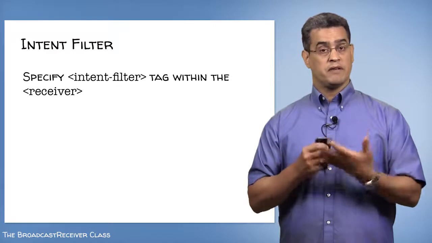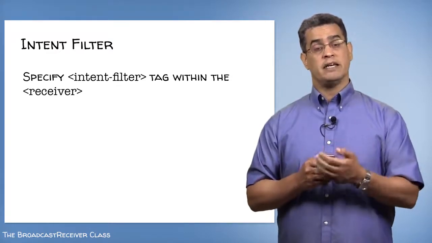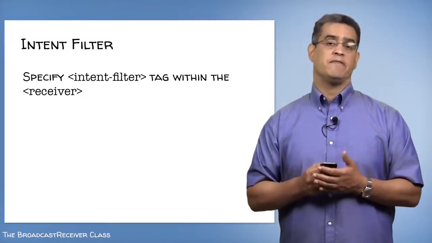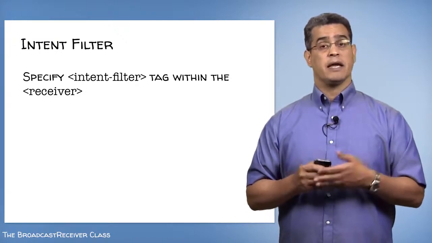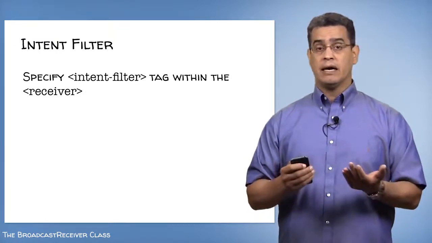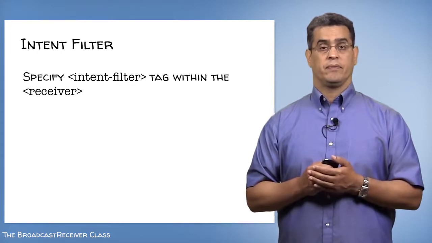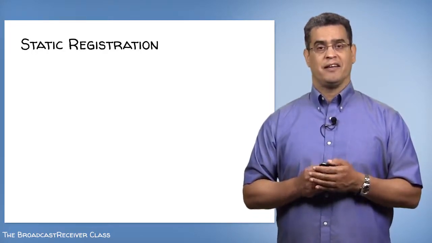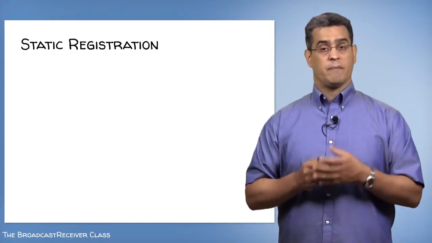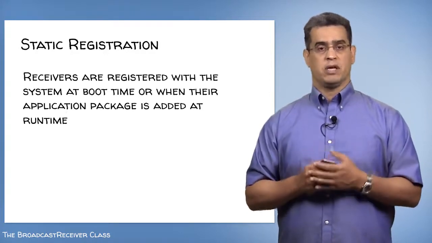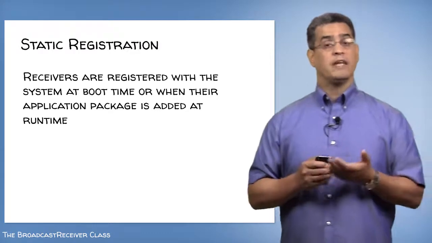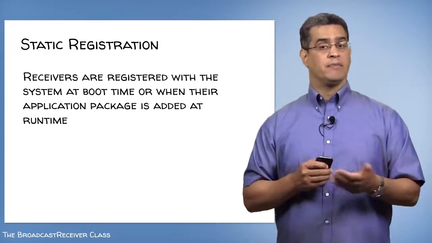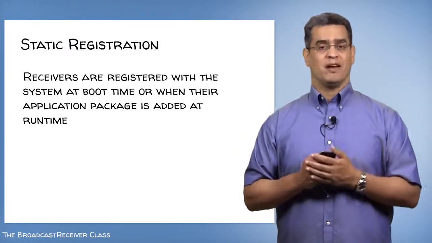And just like with intent filters that are used to start activities, these intent filter tags can specify things like an action, data, and categories. Now, if you do register a receiver statically, that information will be read and processed when the system boots up, or when the application package is added, if that happens while the system is running.